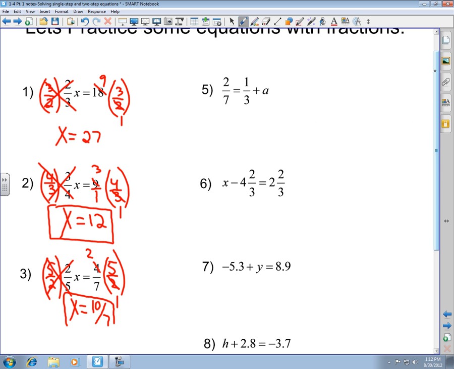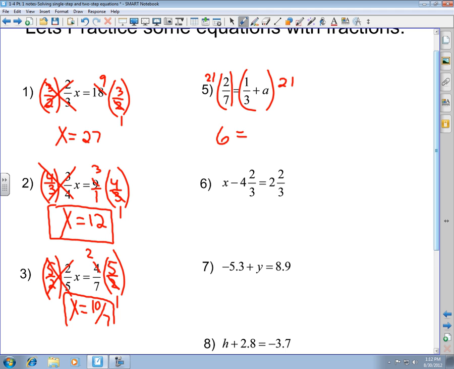If you don't want to work with fractions, get rid of the denominator. How do you get rid of the denominator? By simply multiplying both sides by the least common denominator. In this particular case, the least common denominator between 7 and 3 is 21. So I'm going to multiply 21 to both sides. So 21 times 2 is 42, divided by 7 is 6.